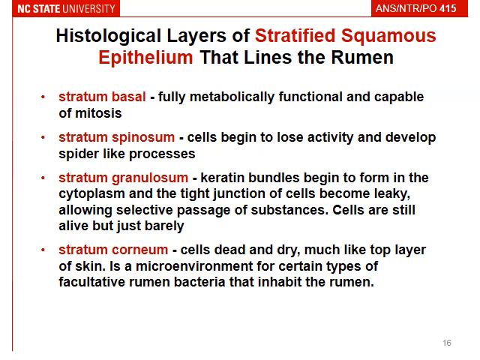And this ends up allowing for a particular microenvironment for some facultative rumen bacteria that inhabit the rumen. So we have a nice symbiotic relationship that ends up occurring.